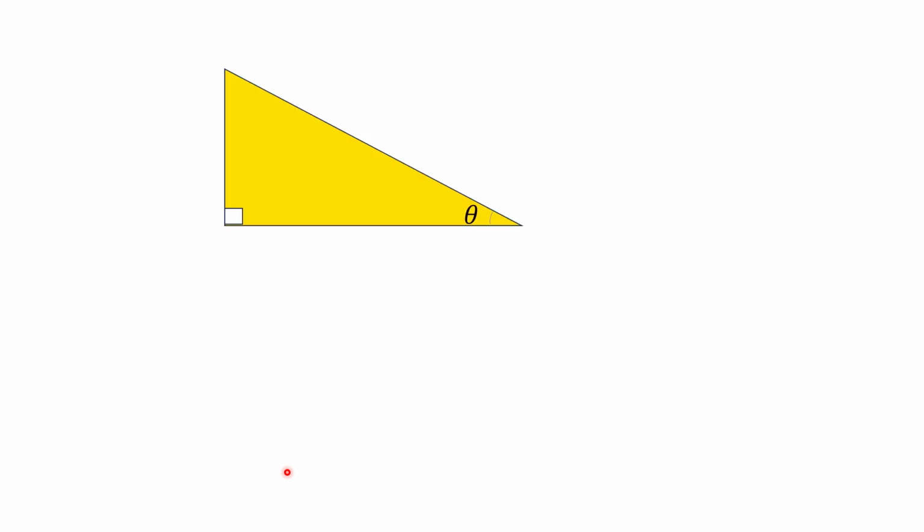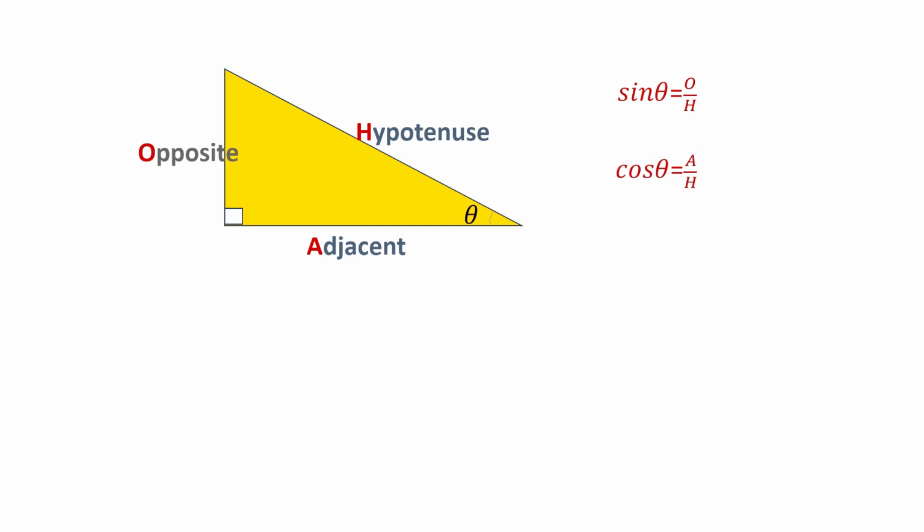So now I'm going to show you quickly why tan equals sine divided by cosine. So here is a right-angled triangle, and this is the angle we are looking at. So once we decide which angle we are looking at, then we can name our sides. So this is hypotenuse, and this is adjacent, this is opposite. For this reason, we can write it down. Sine is opposite divided by hypotenuse, and cosine is adjacent divided by hypotenuse.